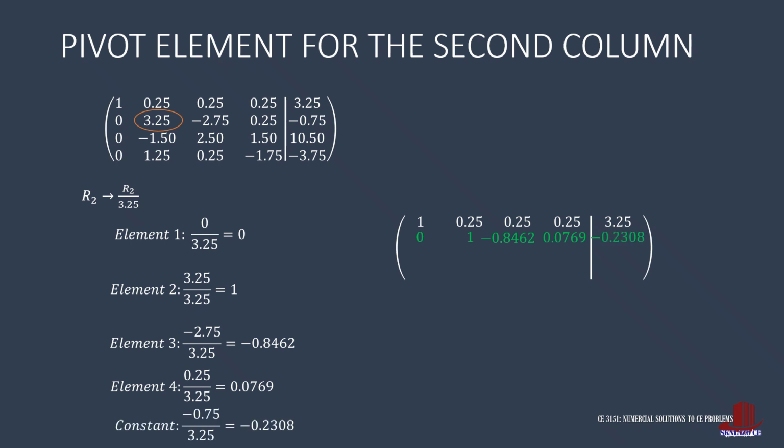The last element under the constant column is negative 0.75 over 3.25, giving negative 0.2308. It is best to use fractions for this case, although to create a clearer discussion, decimals are used, rounded off to the fourth place.